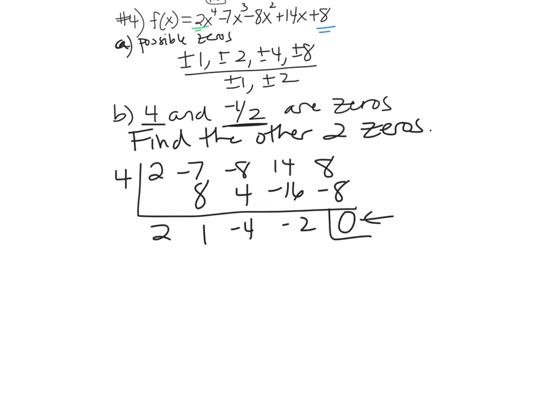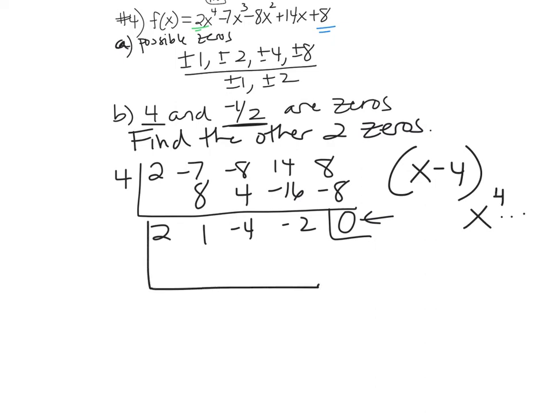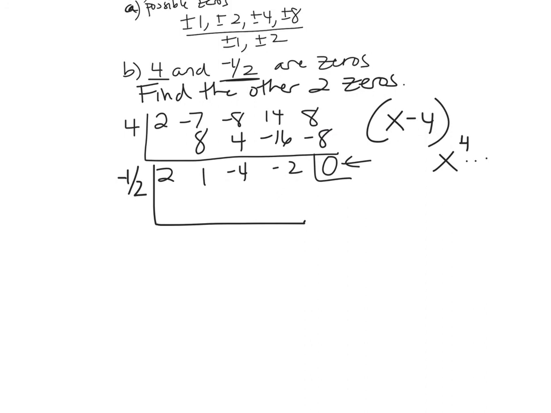Now what I just did was I took the factor x minus 4 and divided it into a 4th degree polynomial, and I got a cubic. Now I can take that cubic and divide by the other zero given to me, which was negative 1/2. So I'm going to bring down the 2. 2 times negative 1/2 is negative 1. And that gives me 0, 0, negative 4.